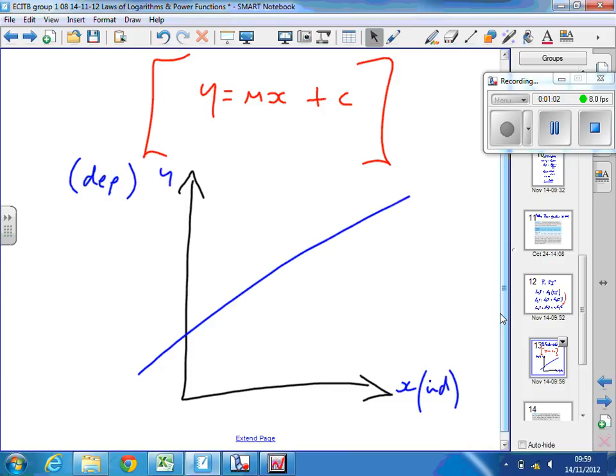So c turns out to be the y-intercept, and m turns out to be the gradient.